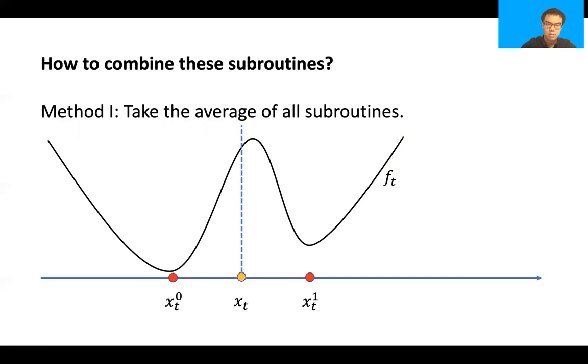We can use a simple example to see why. Suppose we have two subroutines. The first subroutine suggests that we should pick the red point on the left as the decision point, while the second subroutine suggests we should pick the point on the right. So we decide to pick the average of them, which is the yellow point. But the yellow point x_t has a huge hitting cost.